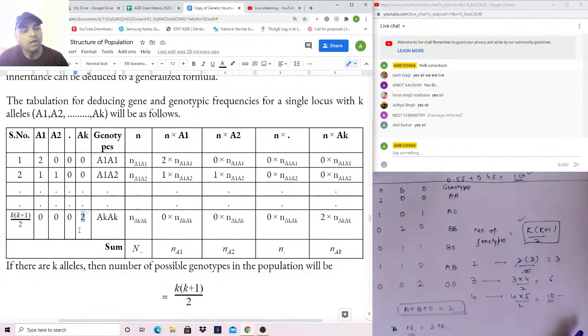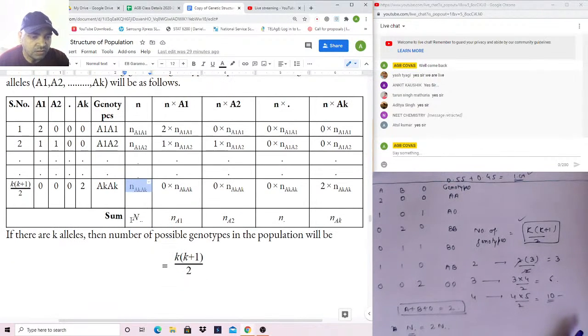This is how our alleles are being distributed in the population. This will make your A1 genotype, this will make your A1A2 genotype, this will make your AK genotype. And these will be the number of individuals with A1 genotype, the number of individuals with A1A2 genotype, and likewise the number of individuals with AK genotype.